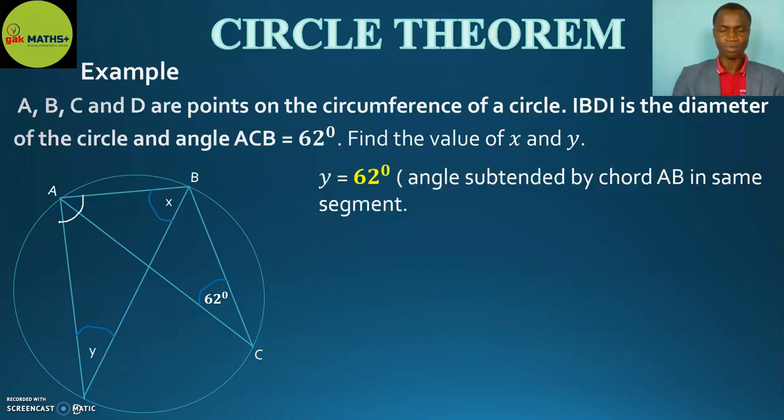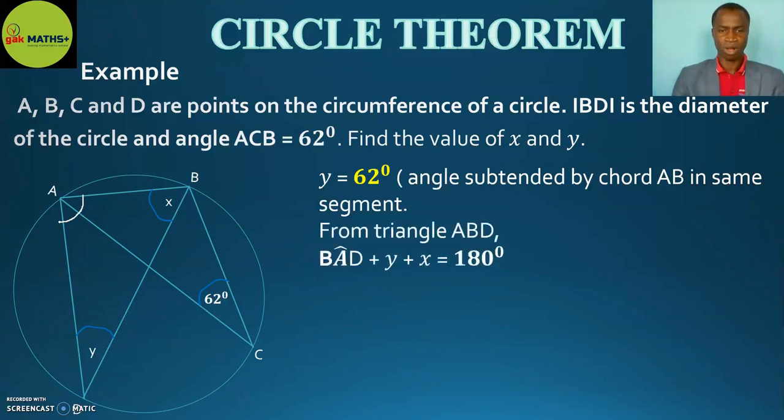So we have Y is equal to 62 degrees because the angles are subtended by the chord AB in the same segment. Also, from the triangle ABD, angle BAD plus Y plus X is equal to 180 degrees because the sum of interior angles in a triangle is equal to 180 degrees.